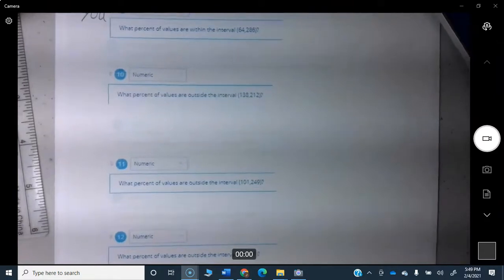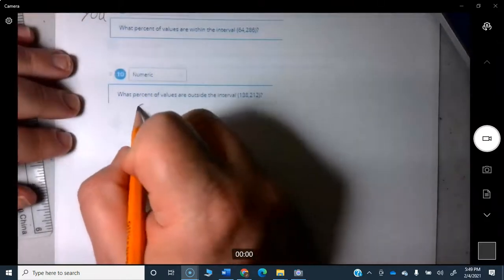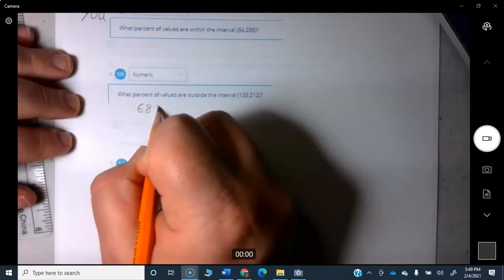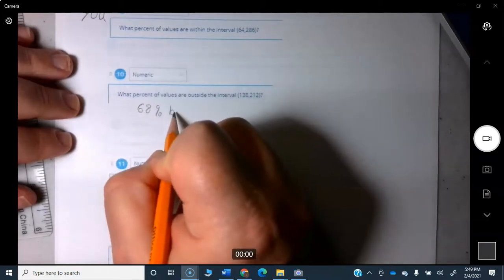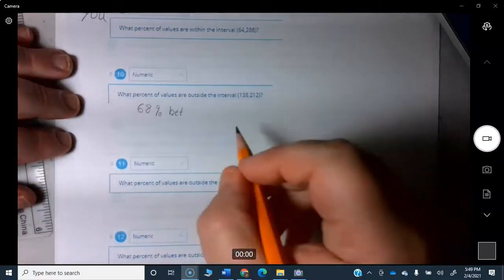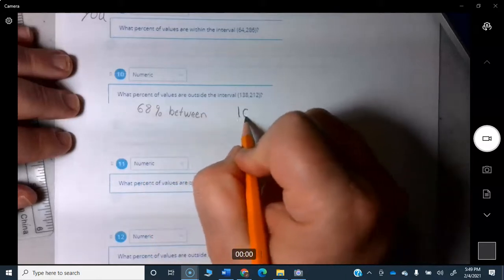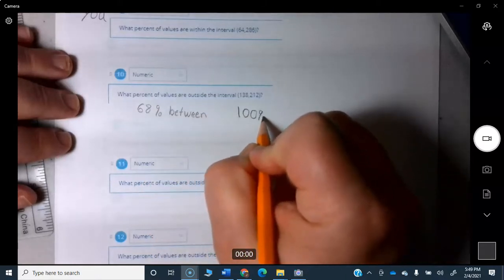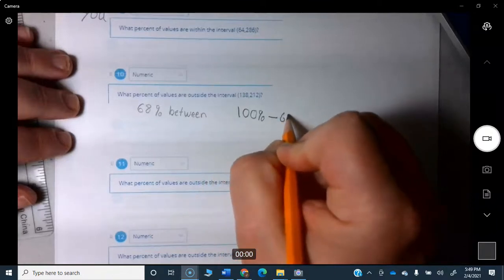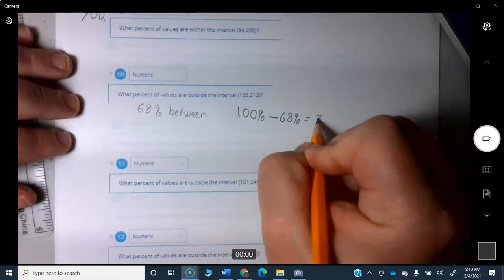All right. What percent of the values are outside 138 and 212? Well, we said 68% are between those two numbers. That was question number 7. Since there's 100% of the values under the curve, you take 100% minus 68%, and you get 32%.